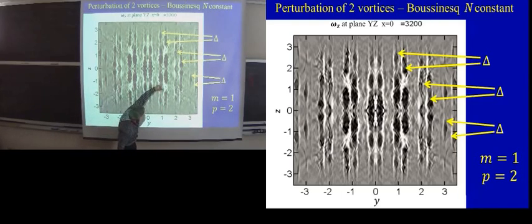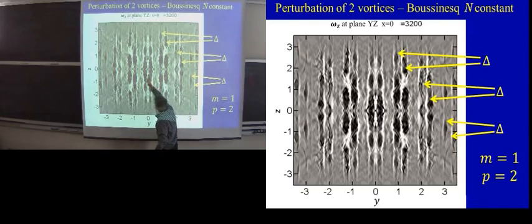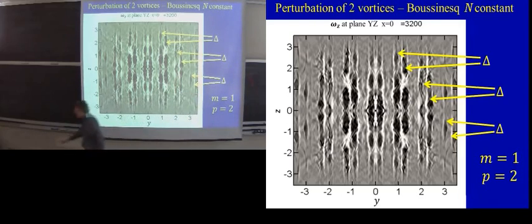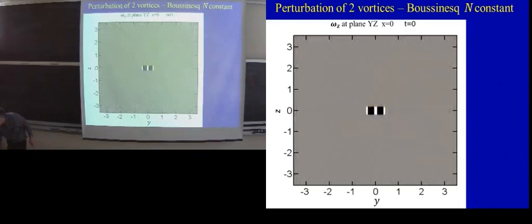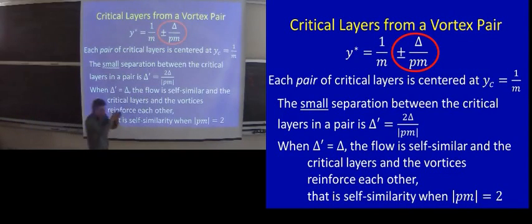The midpoint between this pair, the midpoint between this pair, is basically 1 over m, and the distance away is plus or minus that other distance. So where there isn't a vortex, but kind of sandwiched between two pairs, is located indeed at 1 over m. Then a distance capital delta over pm to the right and to the left, there's another pair. And pm is equal to 2, the product's equal to 2.